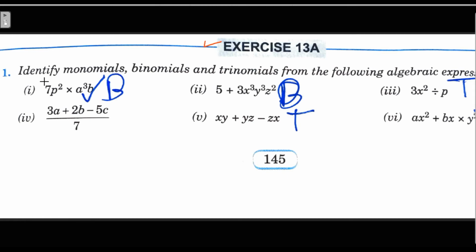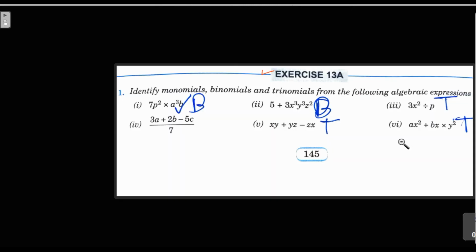The first expression is 7p square multiplied a cube b. So we will do it part first.